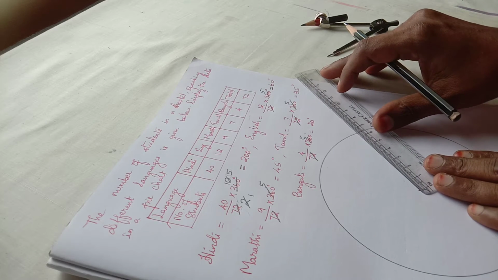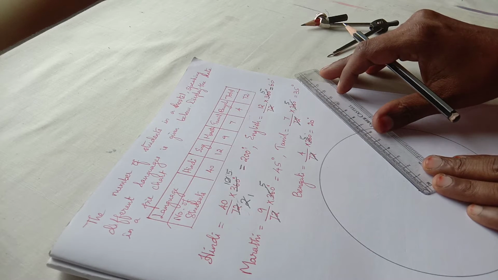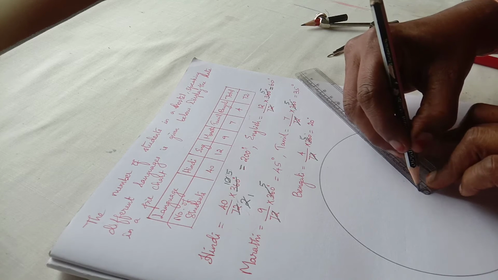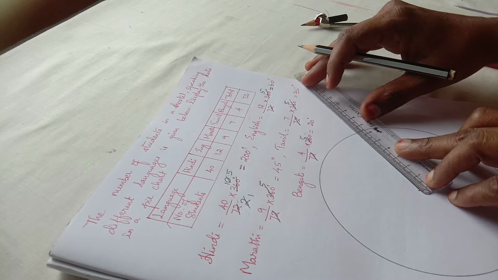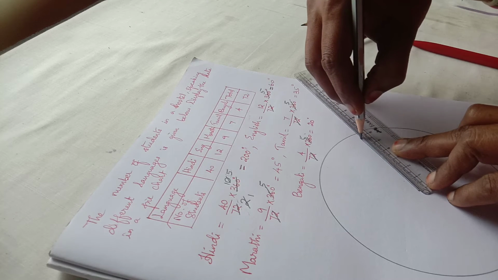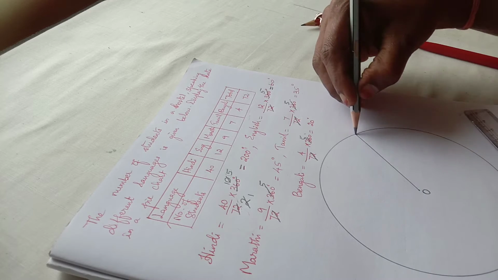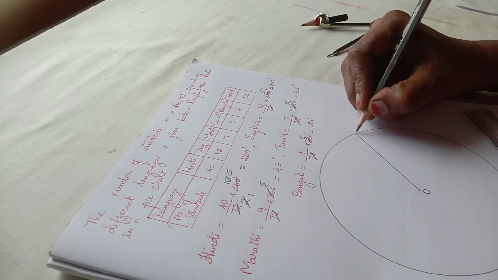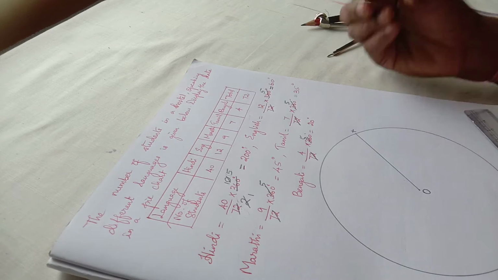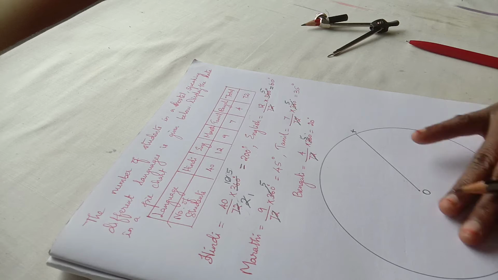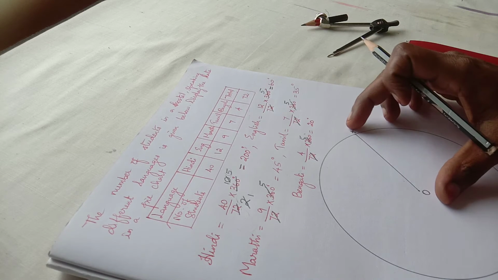Anywhere you can draw a radius like this. Let's draw a radius from the center O to any point on the boundary. A radius is a line segment joining the center and any point on the boundary. Now let's name this X. So OX is a radius.